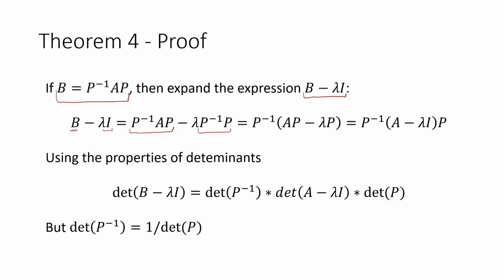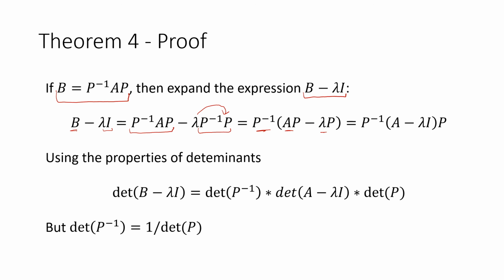Now let's gather up the terms. First off, notice that lambda is just a number, so you can actually take that inside there. So I'm just rewriting this. I'm taking the P inverse out because the P inverse is on the left of all of these. It gives AP minus lambda times P. Again, this works because lambda is just a number.